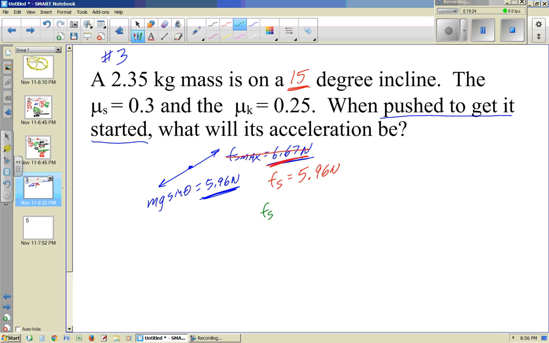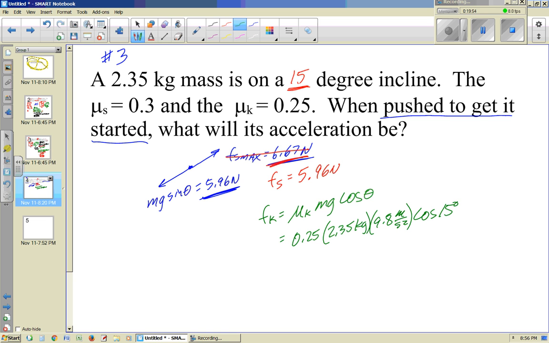No, this one's going to be F kinetic. So in this problem we're going to look at F kinetic. Let's use green. F kinetic would be mu k m g cosine of theta. Mu k is only 0.25 times 2.35 kilograms times 9.8 meters per second squared times the cosine of 15 degrees.